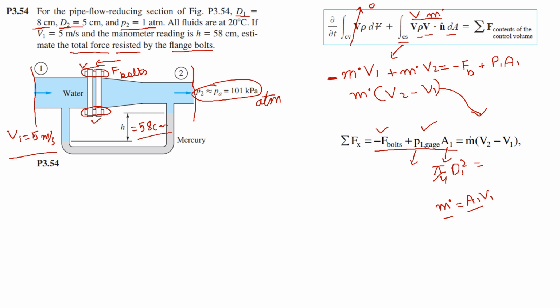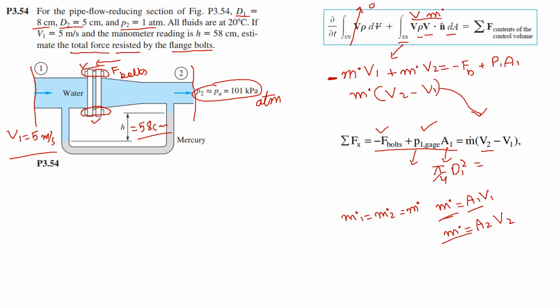So to find V2, we use m dot equals rho A2 V2. But basically what we are doing is we are also upholding the conservation of mass here, that m dot 1 is equal to m dot 2 is equal to m dot. So that's why we are using m dot.